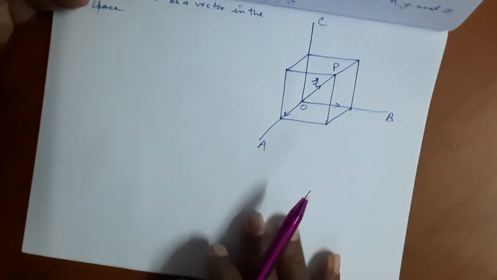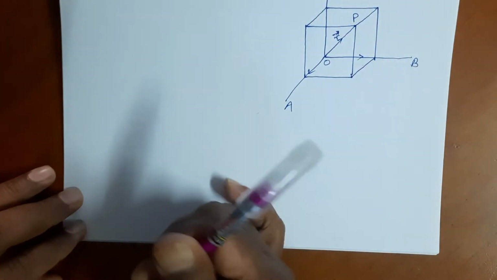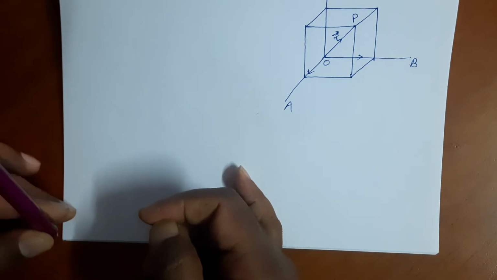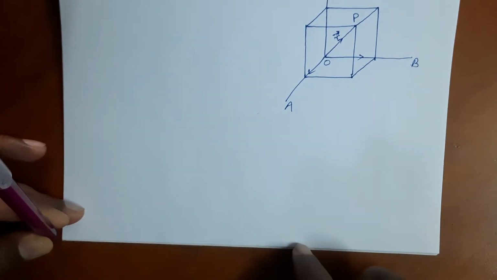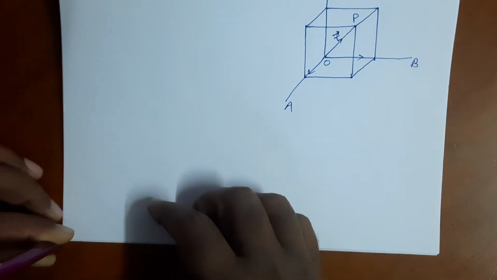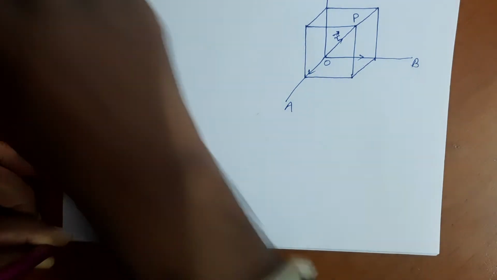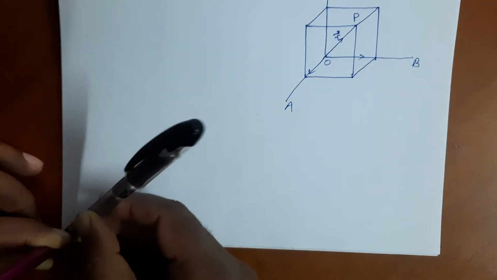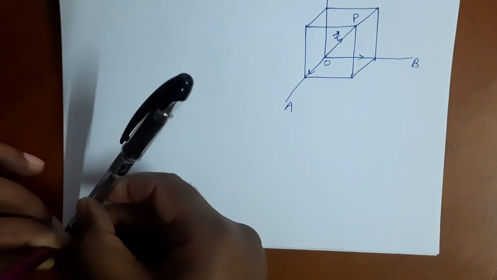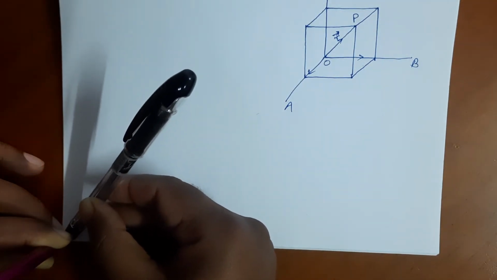Now suppose this is the x-axis, this is the y-axis, and this vertical one is the z-axis, then there will be the space vector OP. This represents the space vector OP equals vector R.